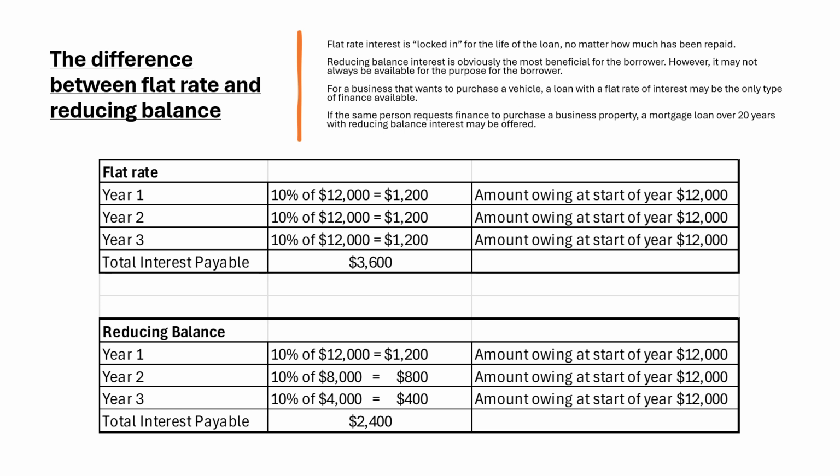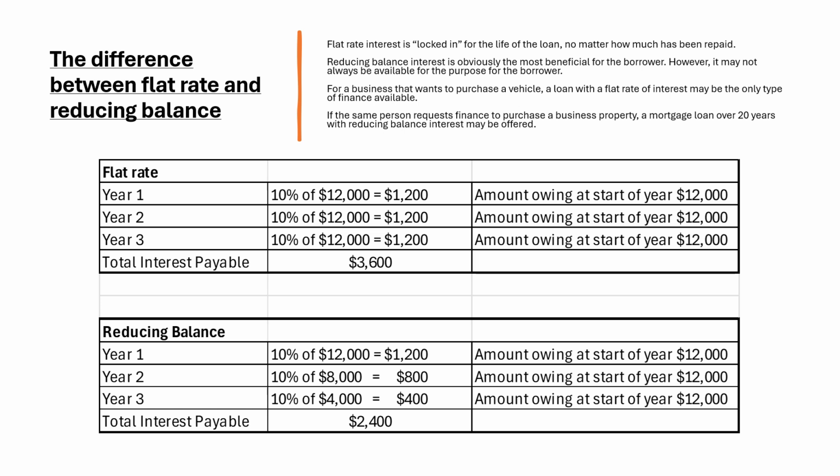So in these two tables, we have a look at the flat rate interest rate calculation and reducing balance interest rate calculation. The loan amount is $12,000 and the flat rate interest rate is 10% per annum. Under flat rate, you pay equal interest in years 1 to 3, and end up paying $3,600.